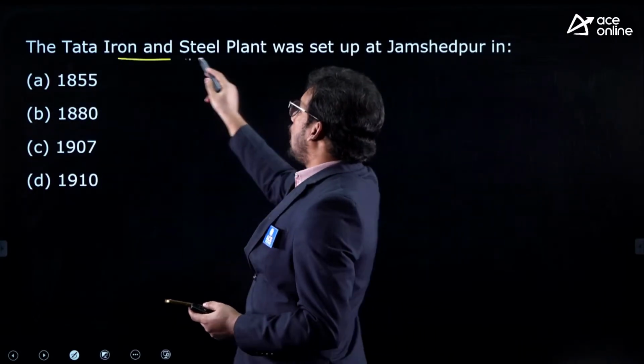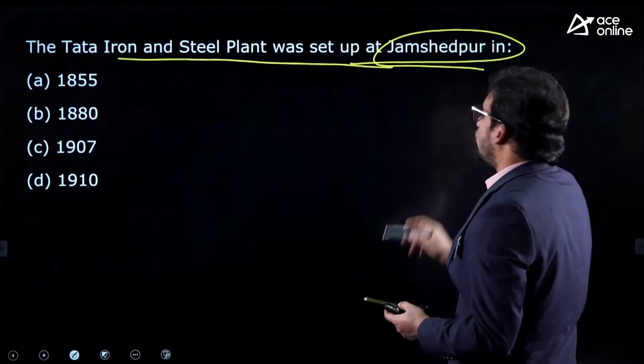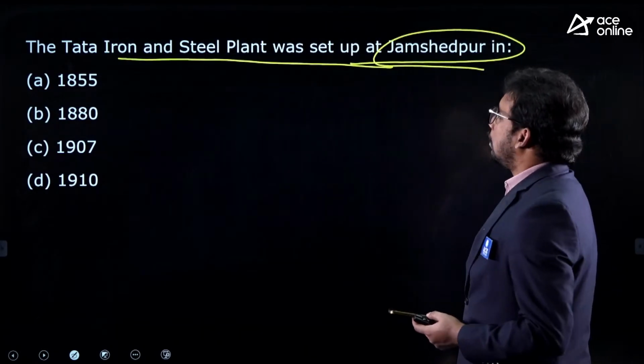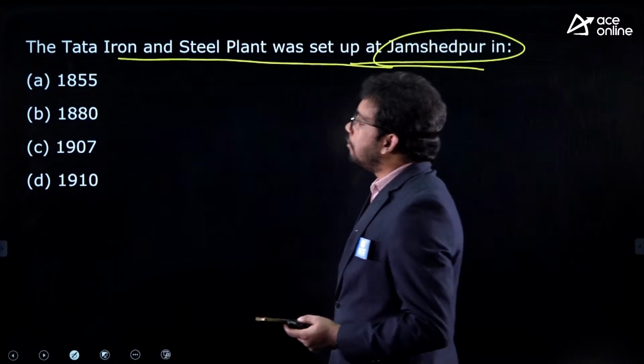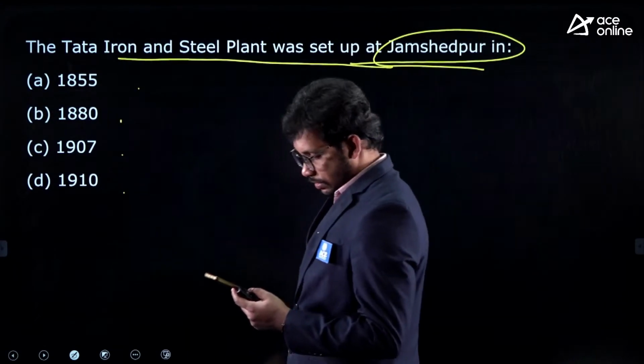Next one, Tata Iron and Steel Plant was set up at Jamshedpur in Jharkhand, in the Chota Nagpur Plateau, in which year? 1855, 1880, 1907, 1910.